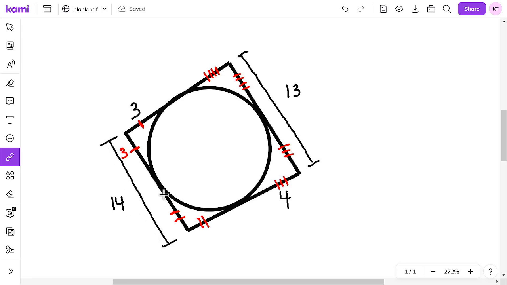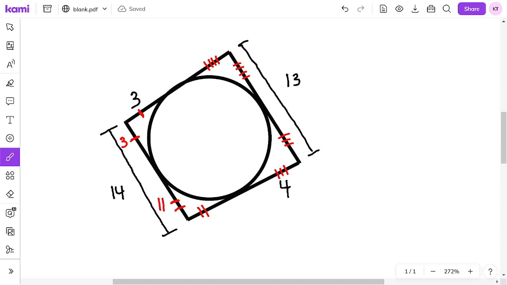So from this point in tangent C to this intersection here is going to be equal to 11, because those two sides together have to equal the whole entire length, which is 14. So now that I know that's 11, this is going to be equal to 11 over here too. And so the entire length of this side is going to be 11 plus 4, which is 15.